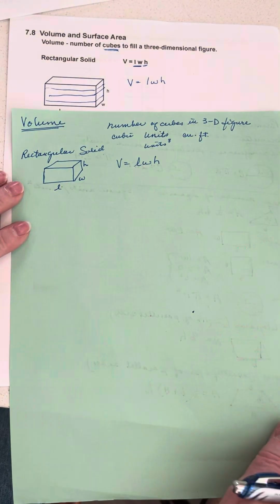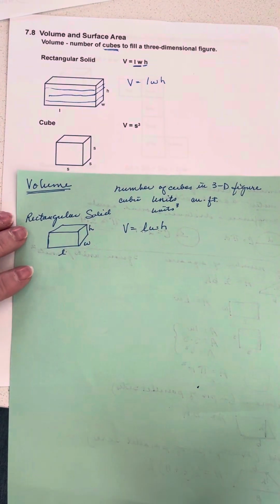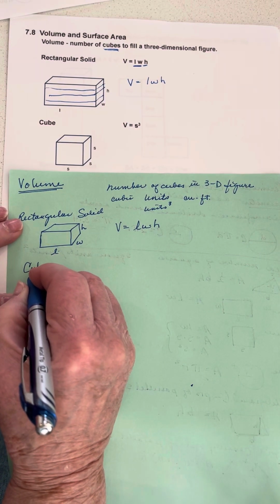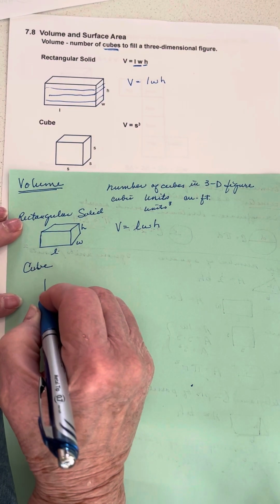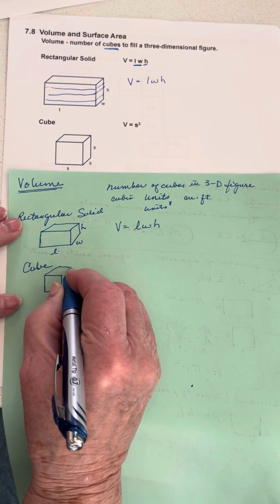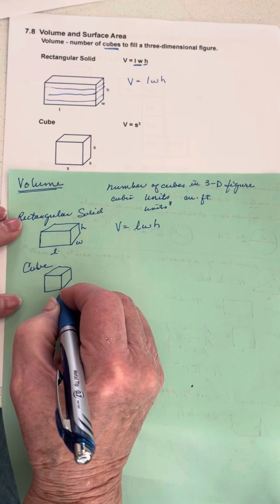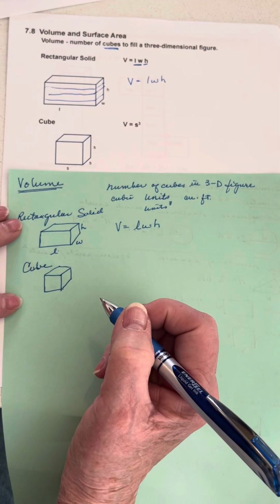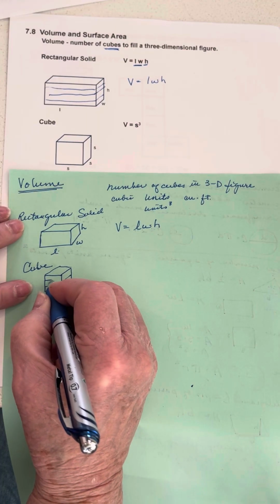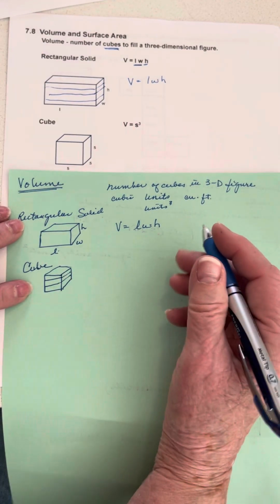the rectangular solid. The next one is a cube, and the only difference between a cube and any rectangular solid is that all the dimensions are the same. Every face is a square. So the bottom layer, we're going to have a square. On the next level, we're going to have a square, and so forth.